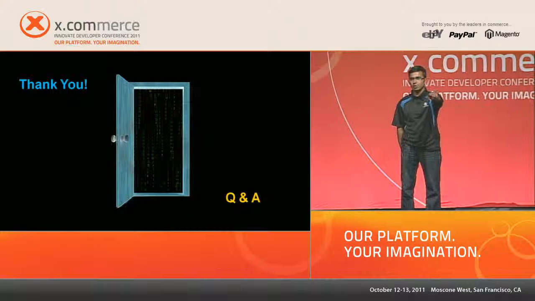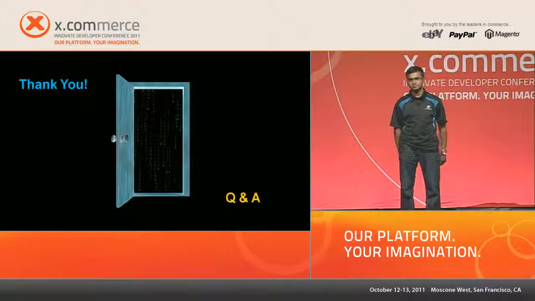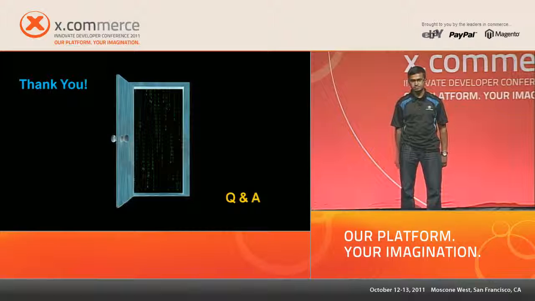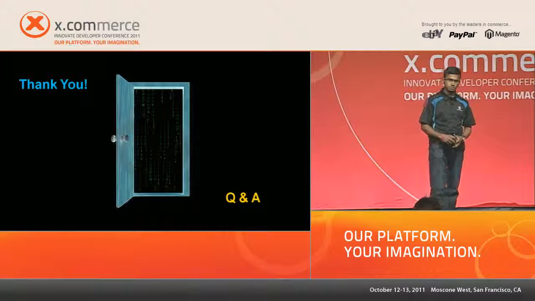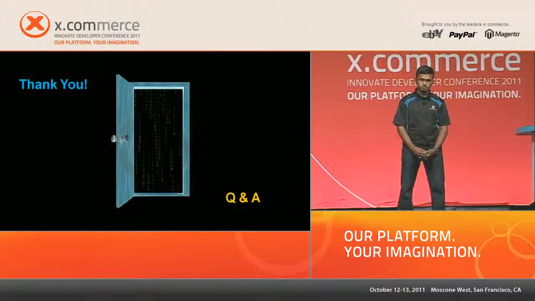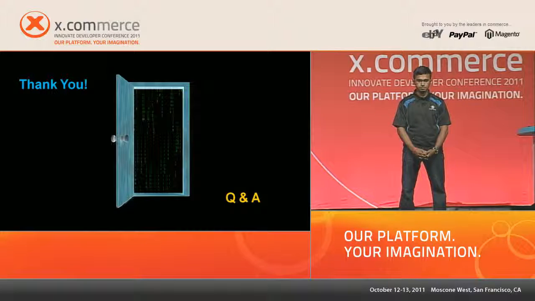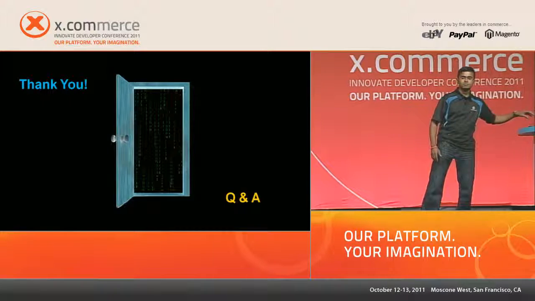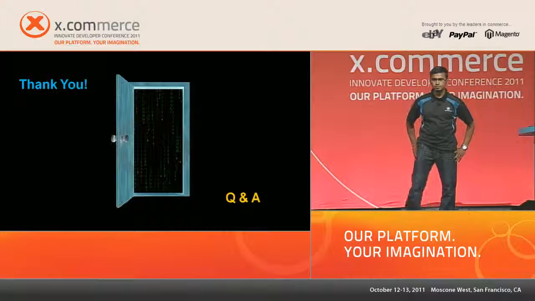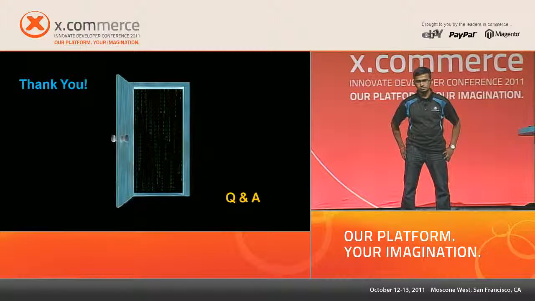Yes? Can you pass the mic here, please? We have been developing some application to help sellers list items to eBay. Before the catalog, I understand that eBay had something like the eBay attribute system, right?